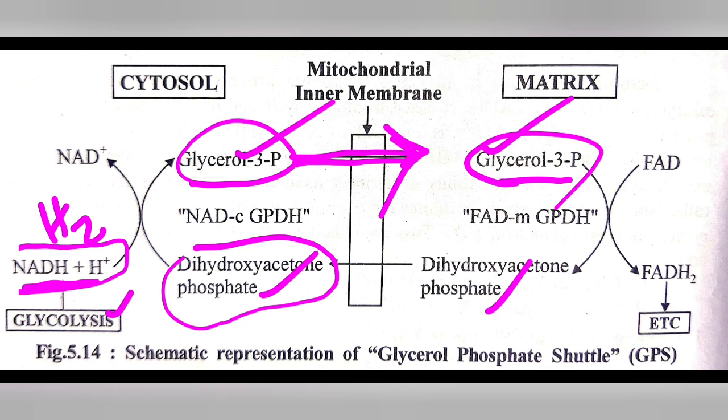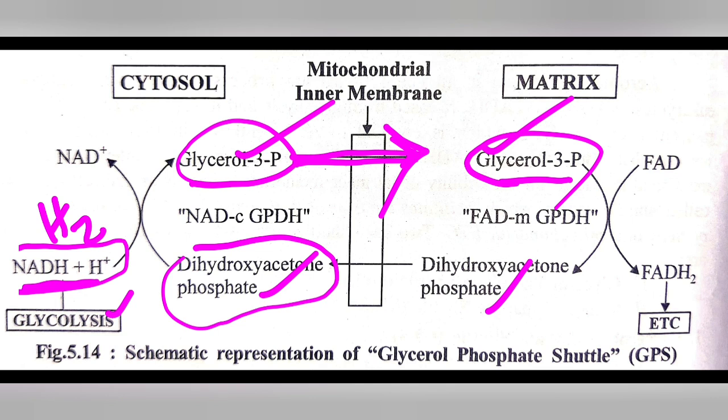So it is a two-step reaction. At first, the dihydroxyacetone phosphate collecting the reducing power from NADH plus H plus converts into the glycerol 3-phosphate. It transfers via inner mitochondrial membrane and moves into the matrix, where it again converts into dihydroxyacetone phosphate, reducing FAD to FADH2.